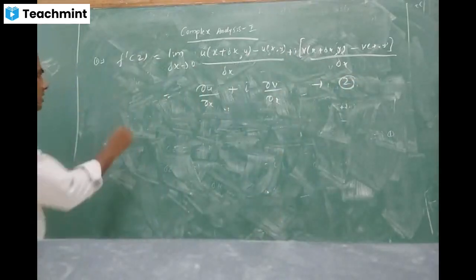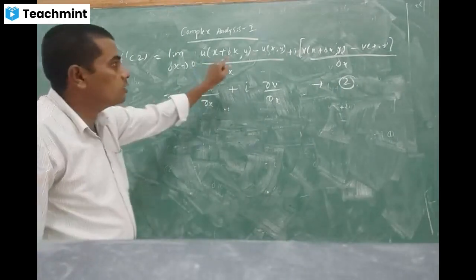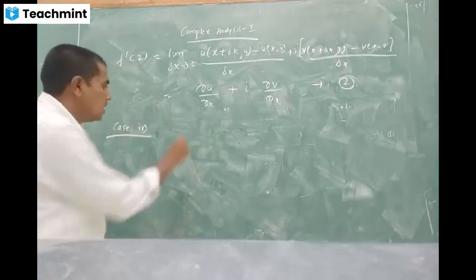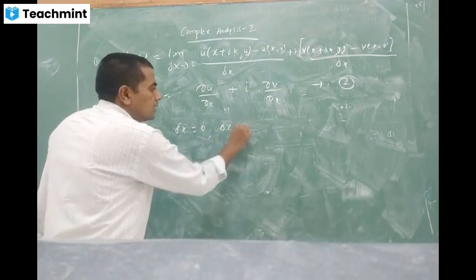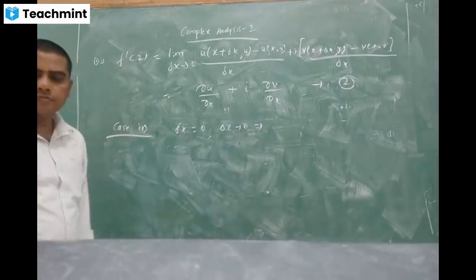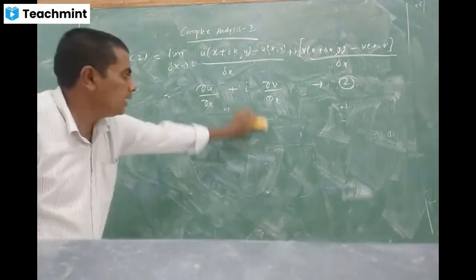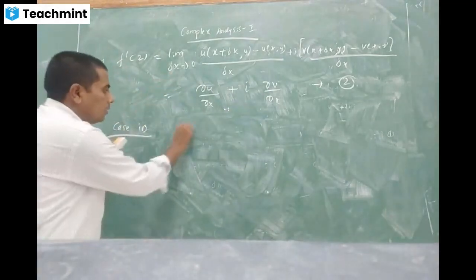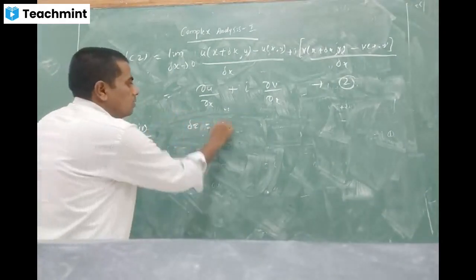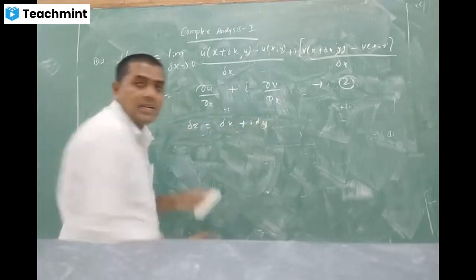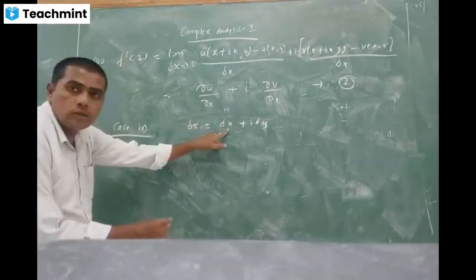Similarly, go for case 2. What is case 2? In case 1, delta y was equal to 0. So now I'll take delta x is equal to 0. Next, what happens when delta z tends to 0? Delta z is equal to delta x plus i delta y. Already in case 1 this was 0. Case 2, I'm going to take delta x is equal to 0.